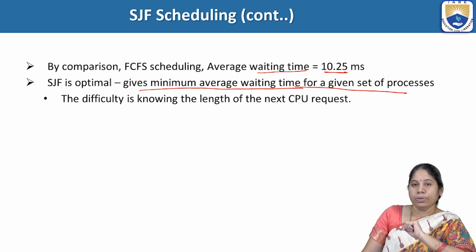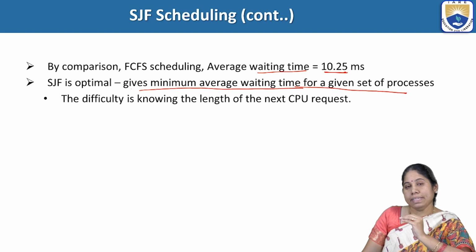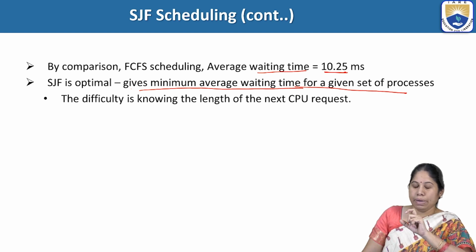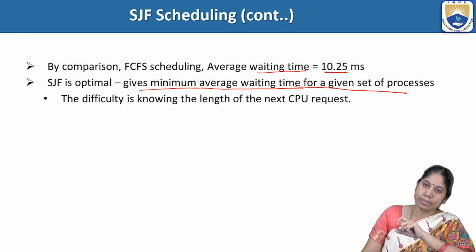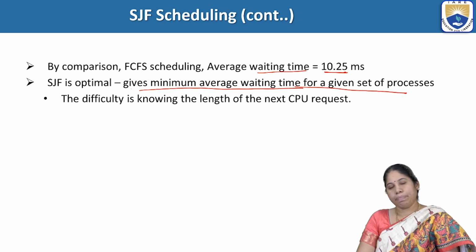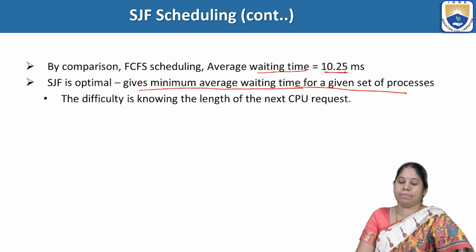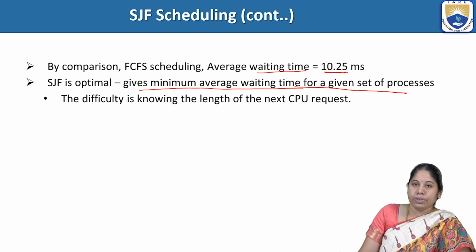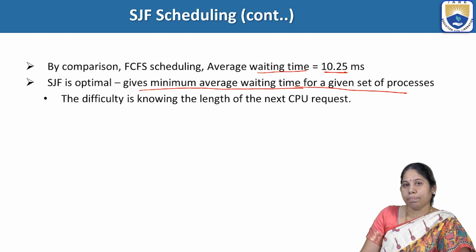For interactive systems, that means time sharing systems where preemption is there, SJF is not practically possible. In other words, SJF cannot be applied at the short-term scheduling phase. This is also one of the important points.